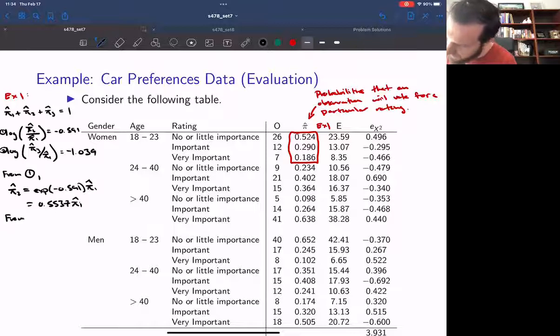Similarly, from 2, we would have pi hat 3 is equal to 0.3538 pi hat 1.